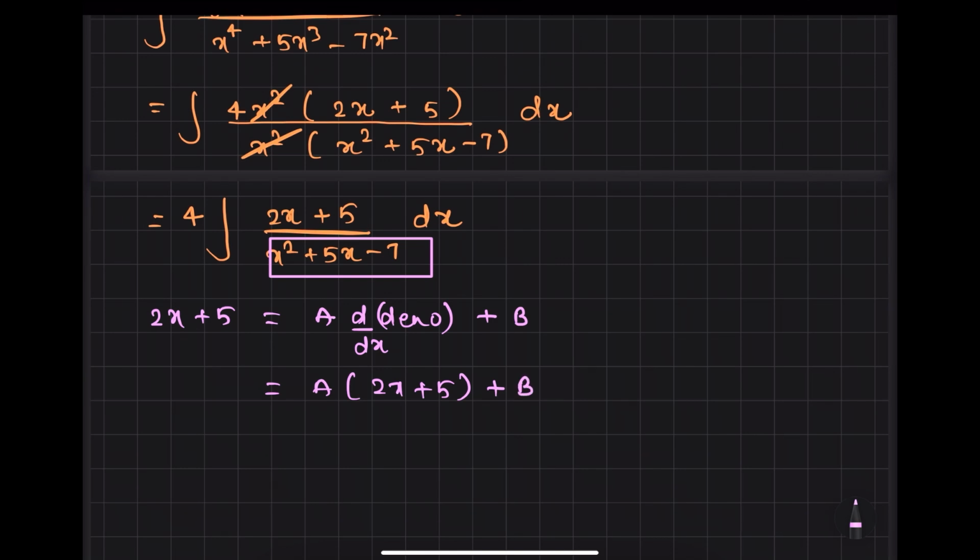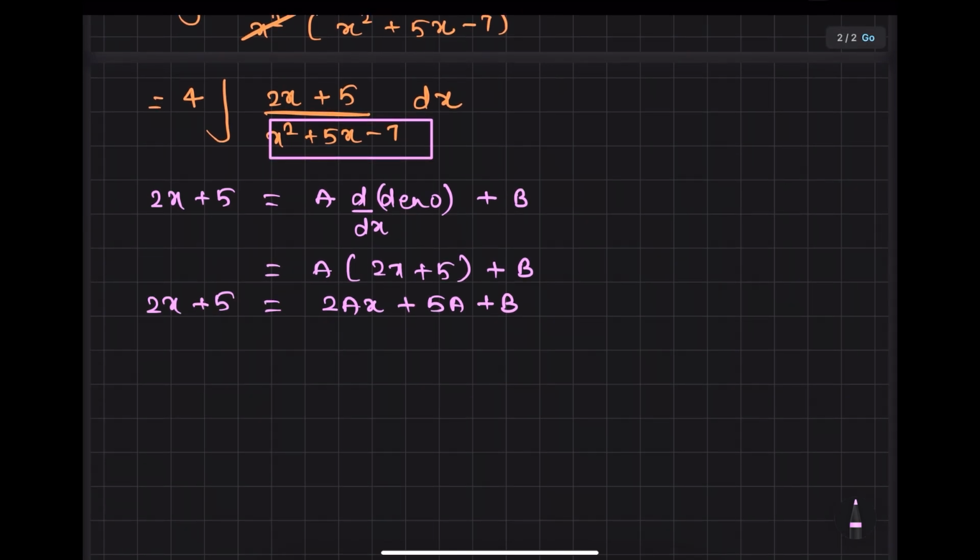Now look at the component. Let's multiply everything. You will have 2ax plus 5a plus b, and you have this side as 2x plus 5. Now you have to compare the coefficient of x from the left-hand side and the coefficient of x from the right-hand side.